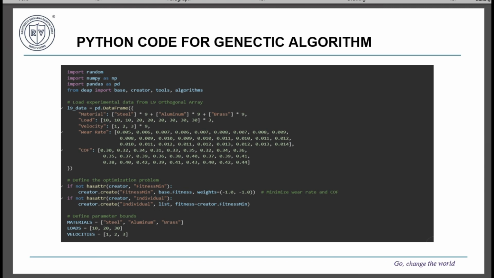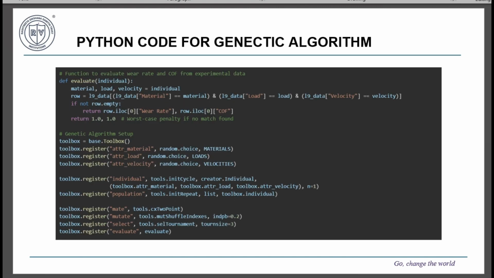Now let's come to the Python code. I've created a Python code for the same, and in this Python code, the data from the L9 orthogonal array has been imported and used to compute and analyze all the responses to give out the optimized results and the optimized material that can be used for wear testing.